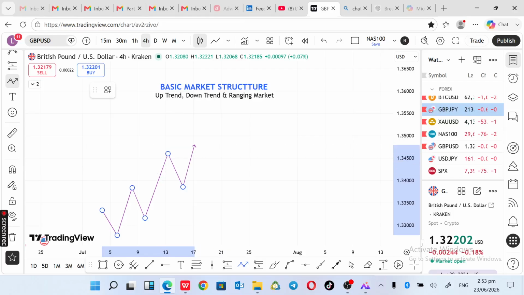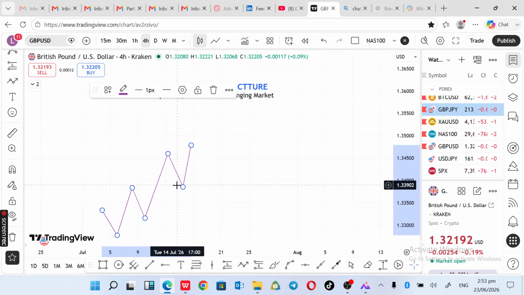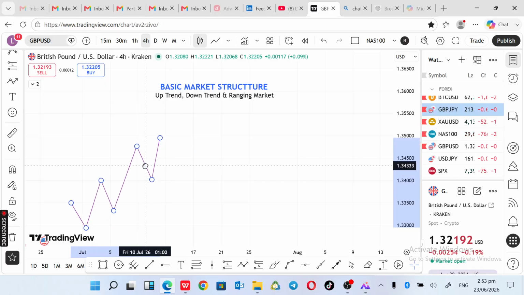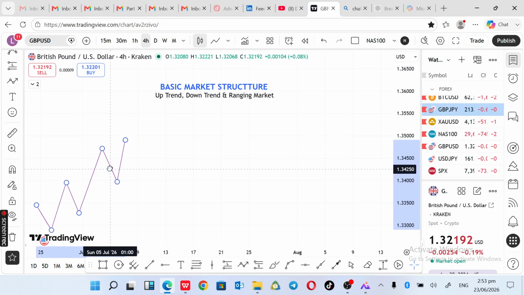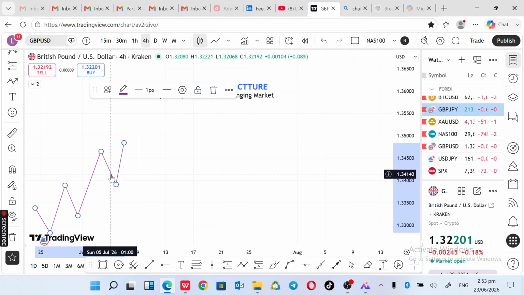When the market is on an uptrend, this is what you will notice. Now, this pattern here, most traders call it the higher highs and the higher lows. That's how they identify the uptrend. So why is it called higher high or higher low?